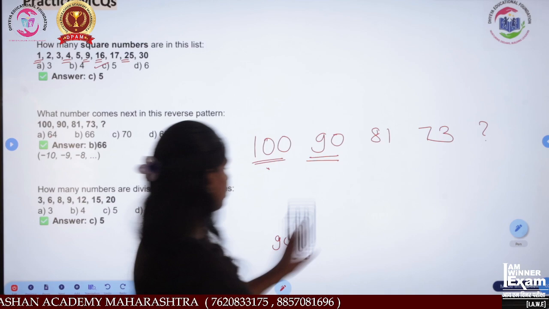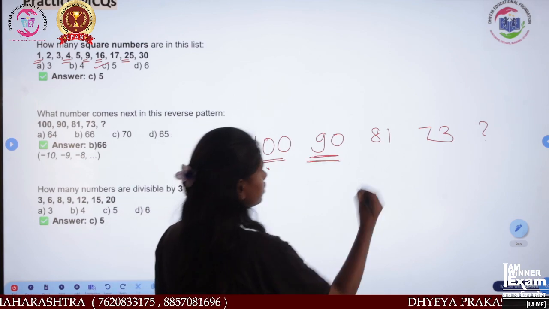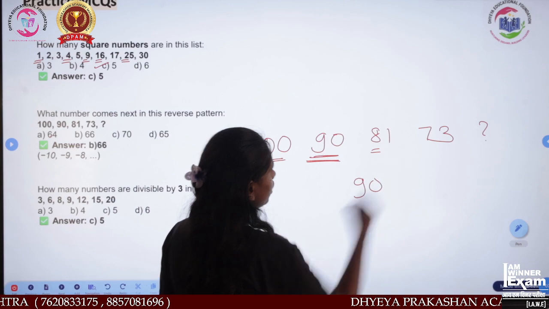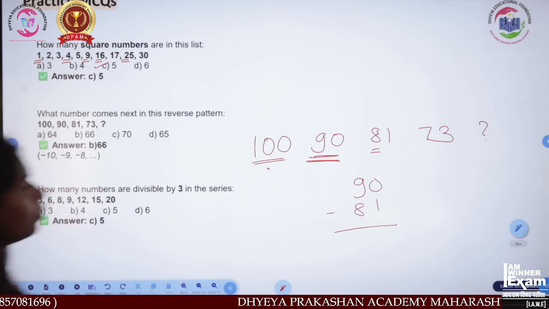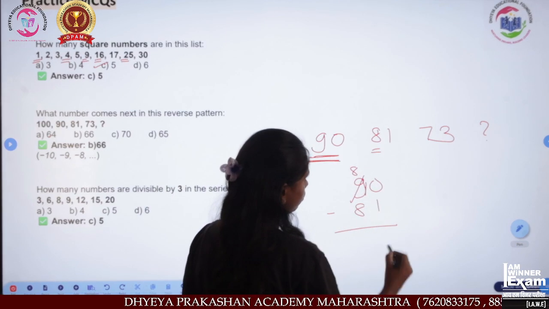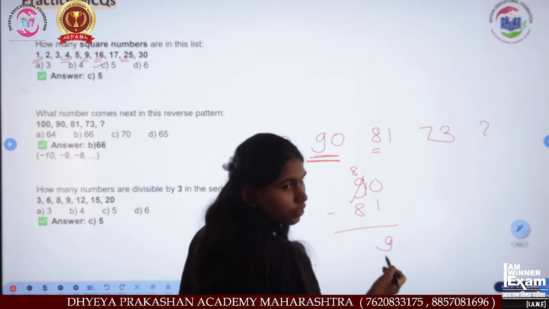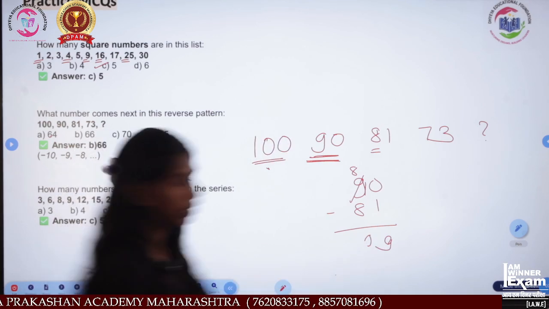Means first they minus 10 from the 100. Now let's check the next number. Then we got the number 90. Then let's 90 and this 81. Okay. So minus it. Now here, if you will minus like this, you will get the number 9.